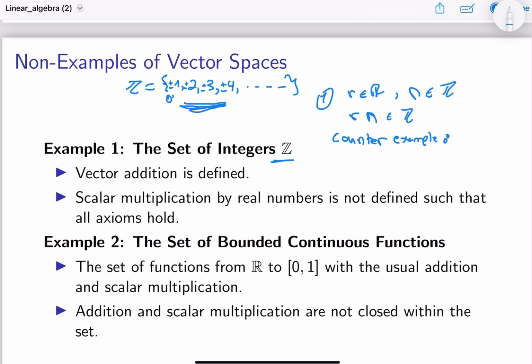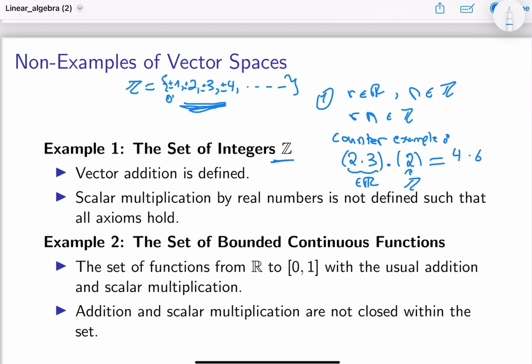For example, if I take 2.3, so this is a real number, and I take an integer. Let's put these between brackets, and I multiply this by the integer 2, for simplicity. So this is an integer, and this is a real number. However, when I multiply these, what do I get? I get 4.6.